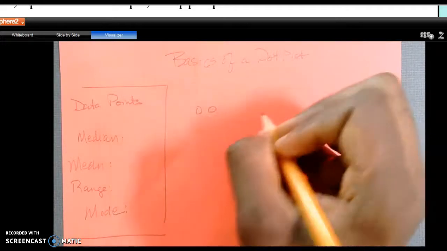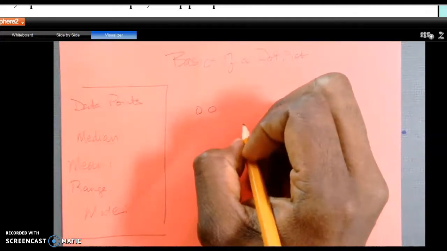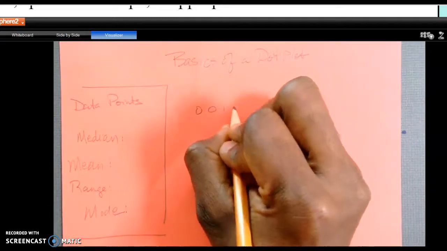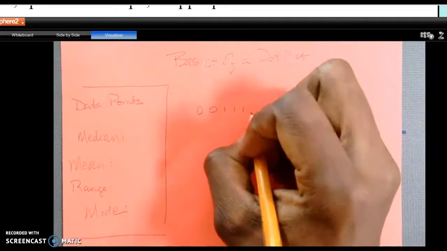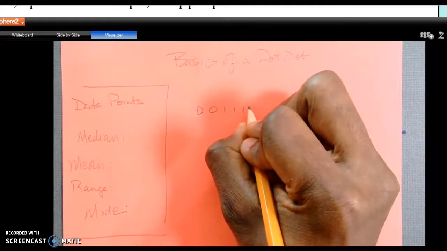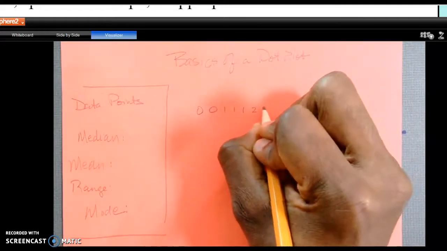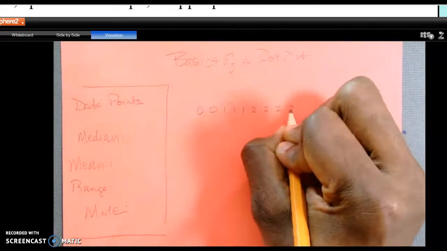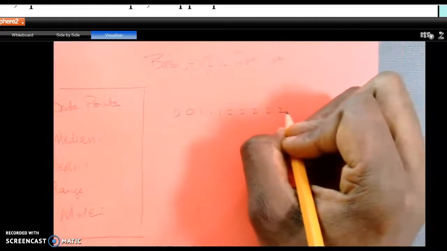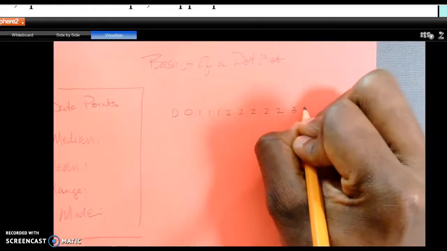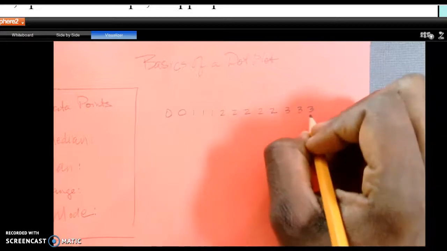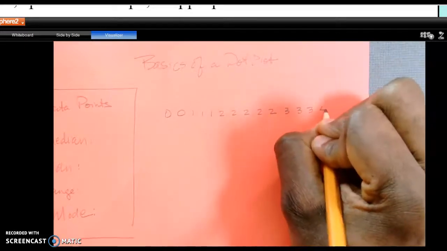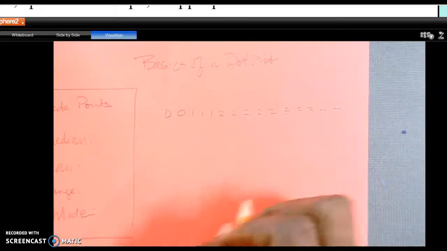We have 2 people that said they have 0 brothers or sisters, 3 people that said they have 1, 5 people who said they have 2, 3 people who said they have 3, and 2 people who said they have 4.